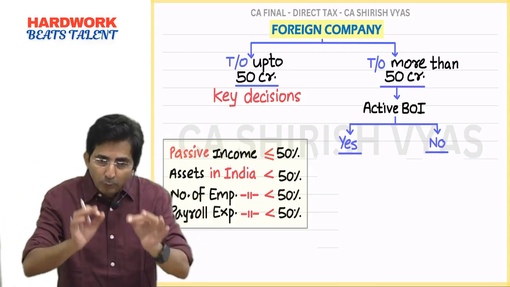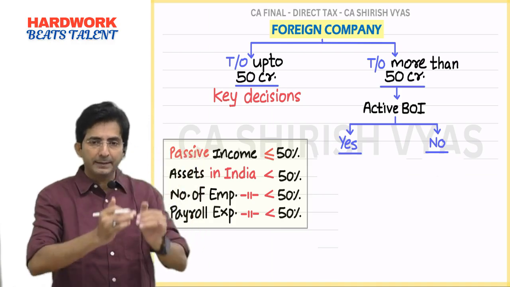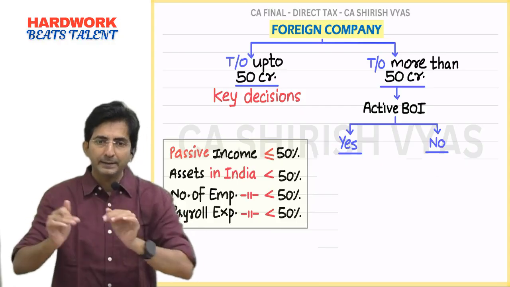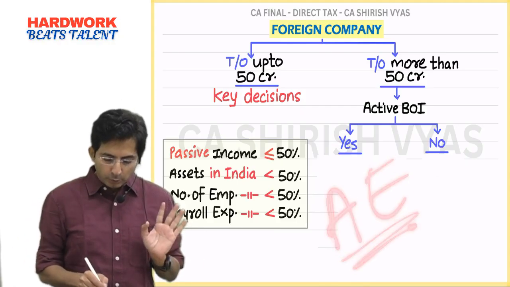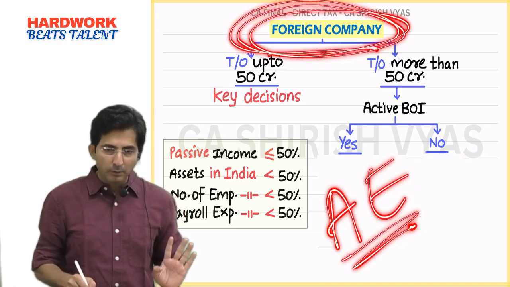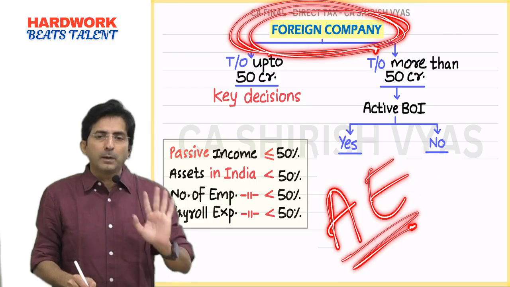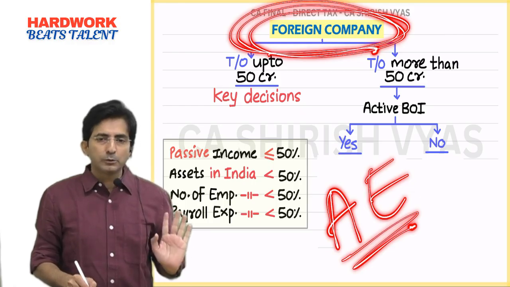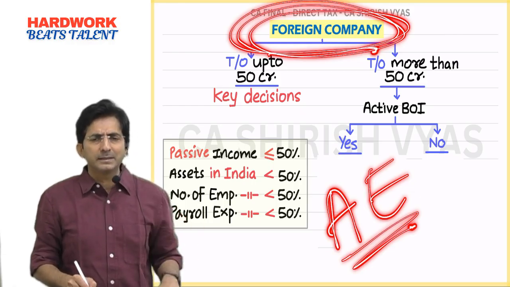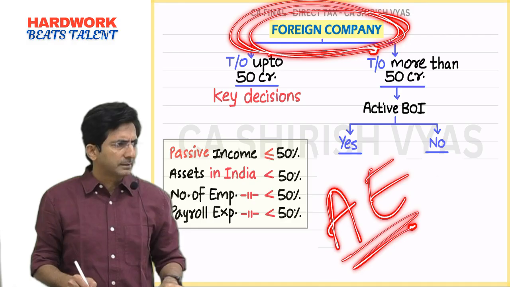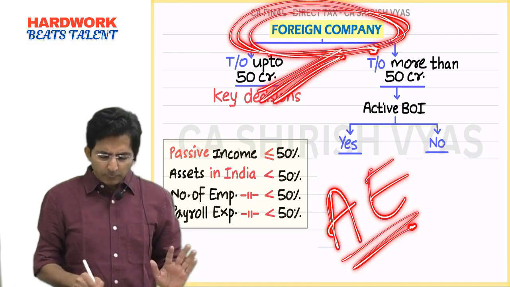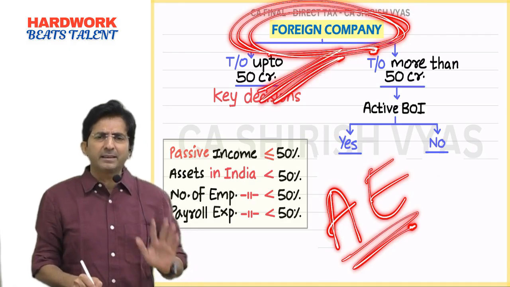But if goods are purchased from an AE and sold to an AE, meaning associated enterprise, it means this foreign company is not doing a normal purchase and sale. They purchase goods from an associated enterprise and sell to some other associated enterprise. This foreign company is playing the role of a mediator.